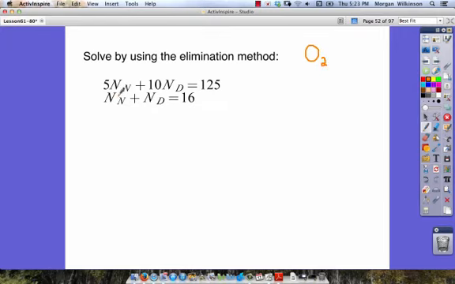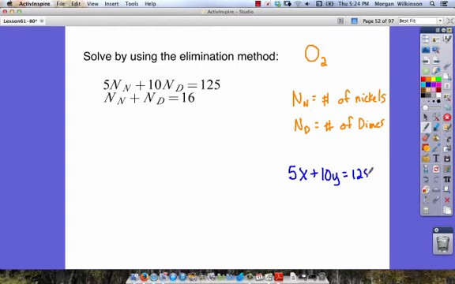Now what this stands for is the number of nickels and the number of dimes. So n of n equals the number of nickels, and n of d is equal to the number of dimes. Now the alternative way that we could have done this problem would have been to say something like 5x plus 10y is equal to 125.